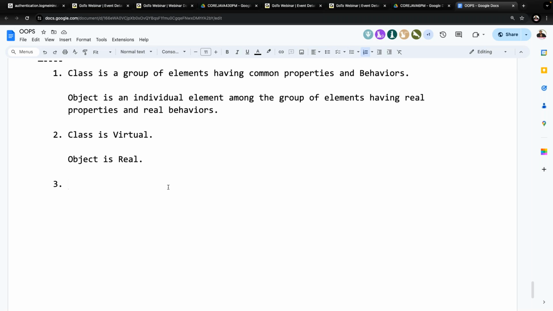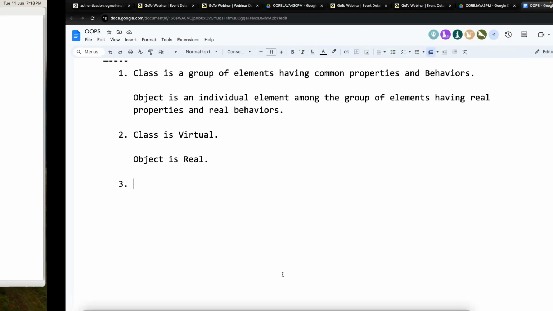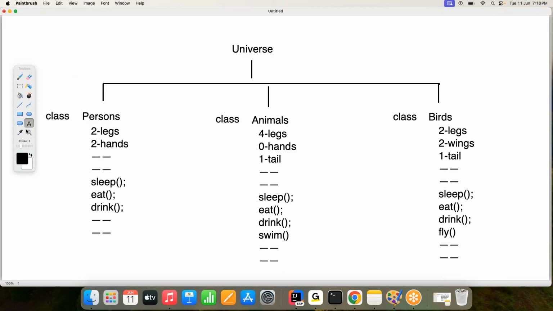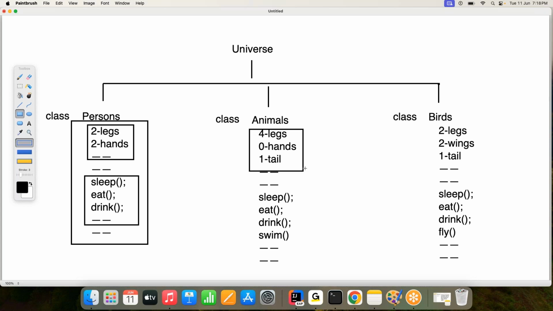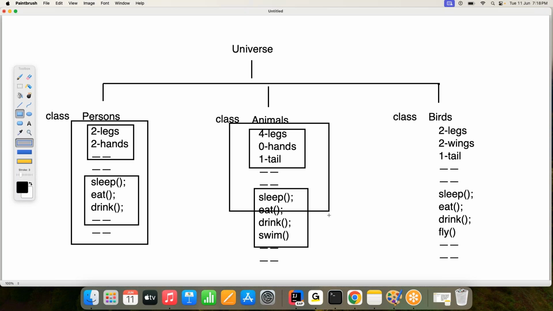Next one. Now see this diagram here. Persons is a class where a group of properties and a group of behaviors are available. Both are enclosed as a single one, or not? Both are encapsulated as a single one. Similarly, in the case of animals, their properties and behaviors are encapsulated as a single one, that is a class.